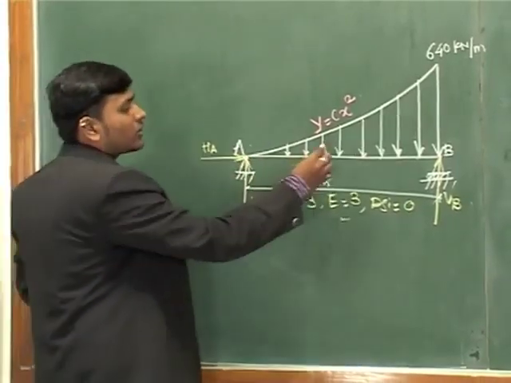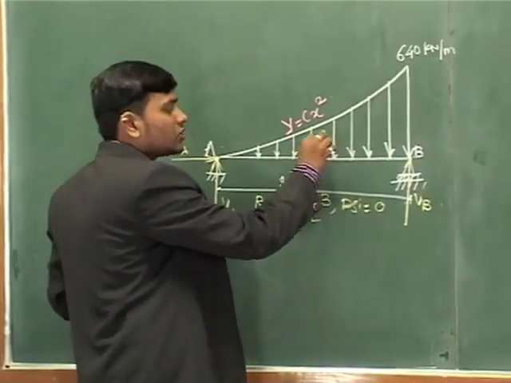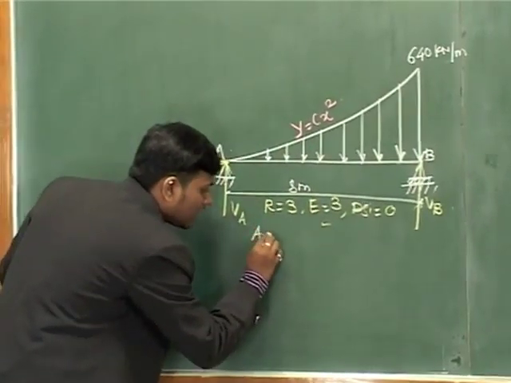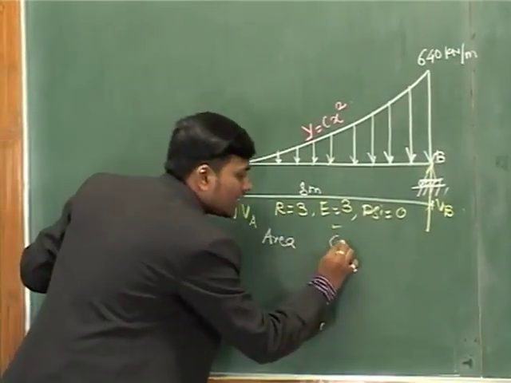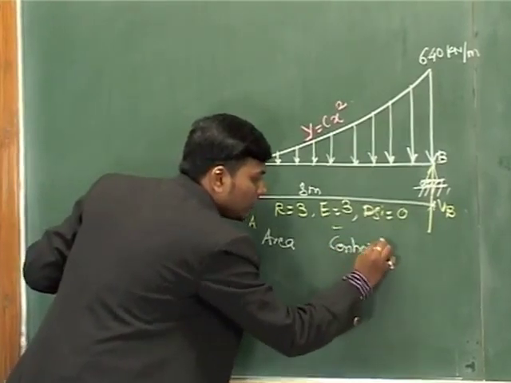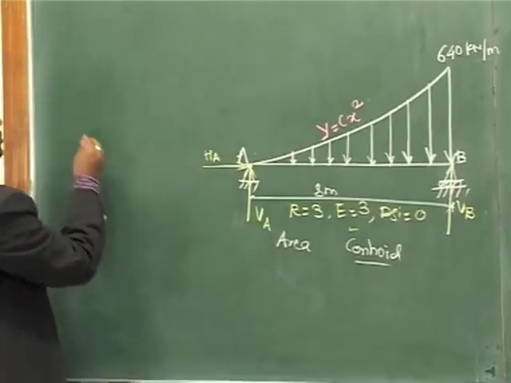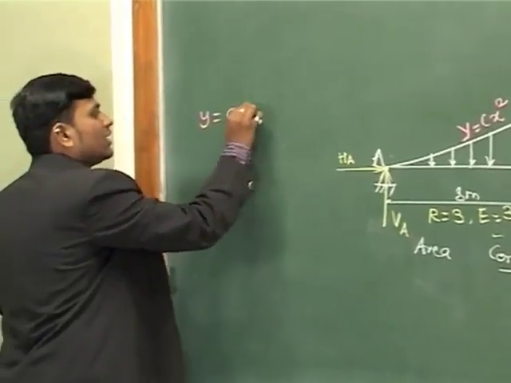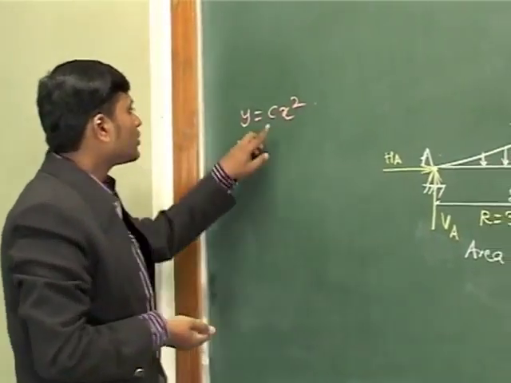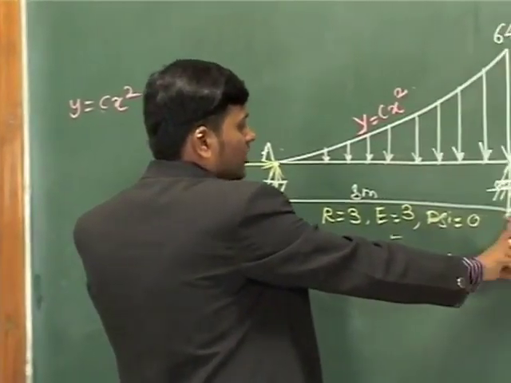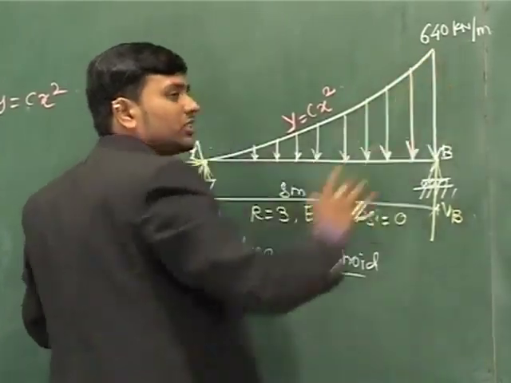First of all we have to convert this load into a point load. The conversion of load is nothing but finding its area and its centroid. So y is equal to cx square is the equation of the curve. First we have to calculate the constant: when x is equal to 8, y is equal to 640.